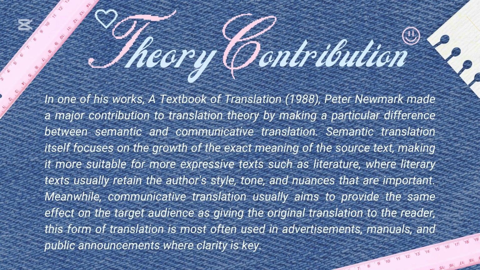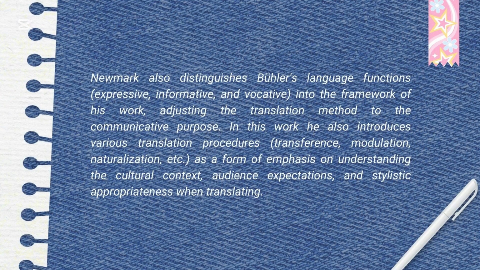And communicative translation, on the other hand, aims to produce the same effect on the target audience as the original, suitable for texts like advertisements and manuals, where clarity is essential.